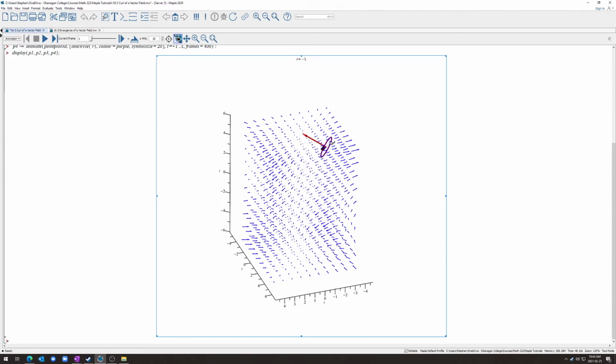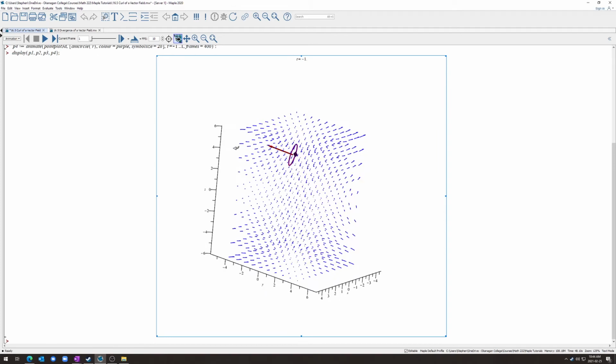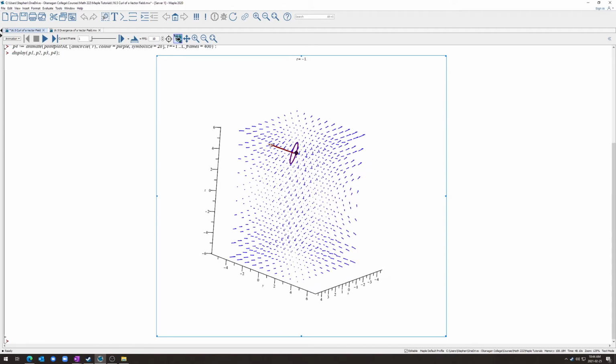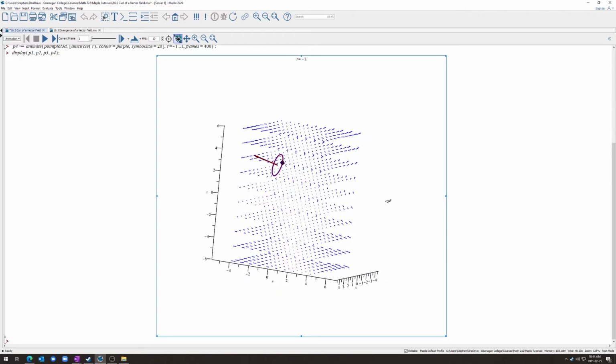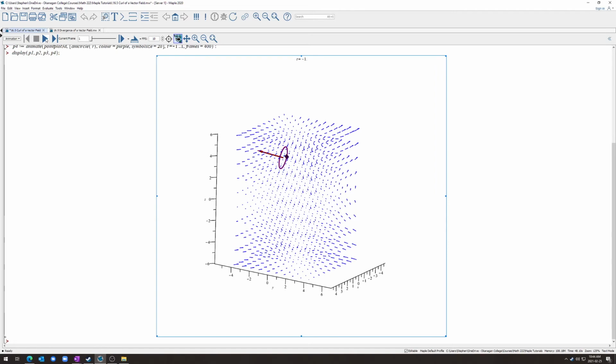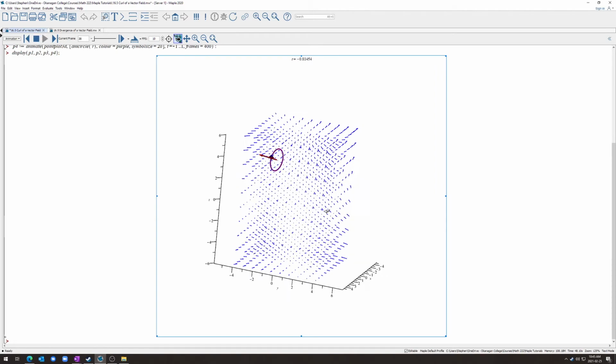So I'll animate this, and what I'm going to be doing is taking this curl vector at that point, moving the point through the field and seeing what the curl vector looks like as it travels through the fluid. So here you can see the orientation, right-hand rule.